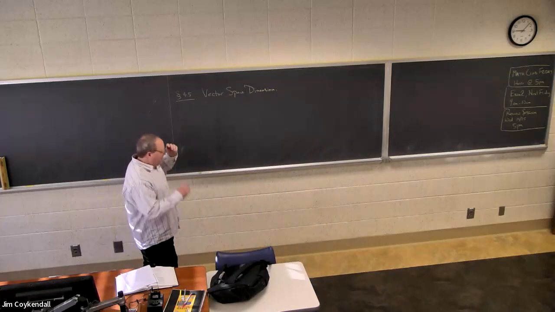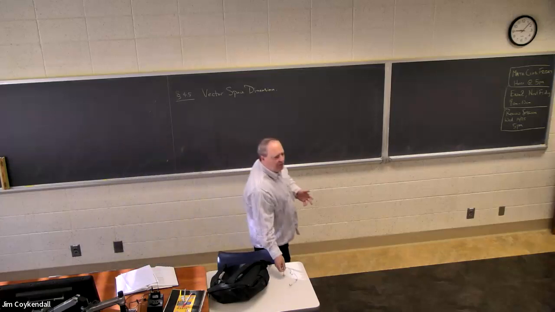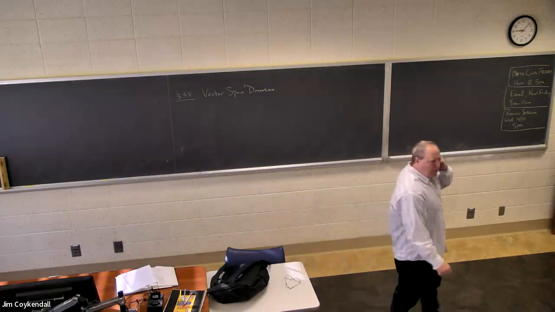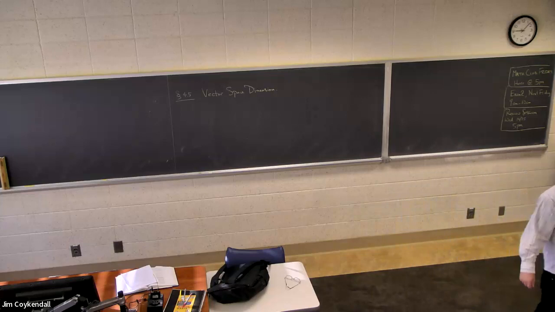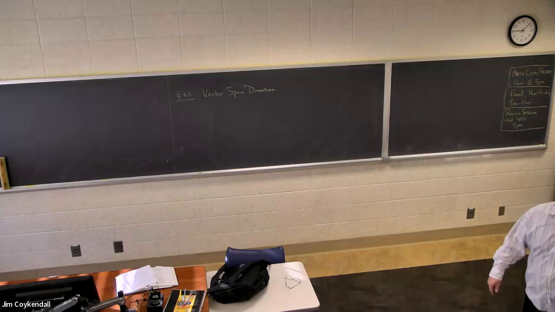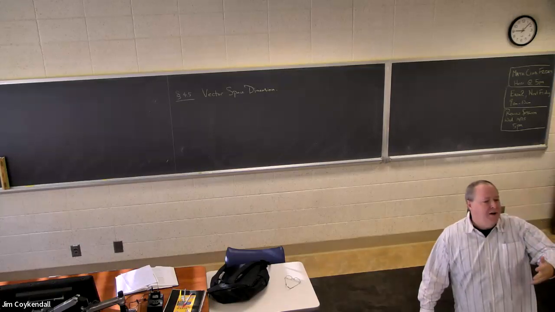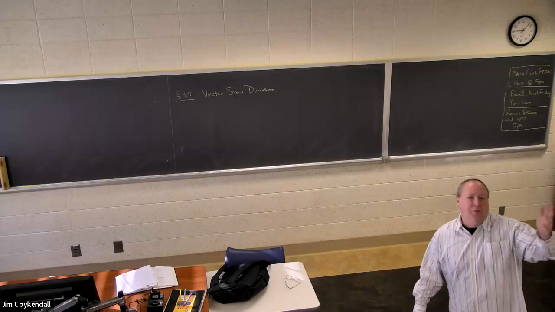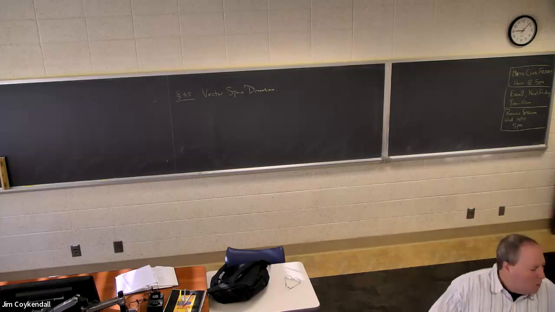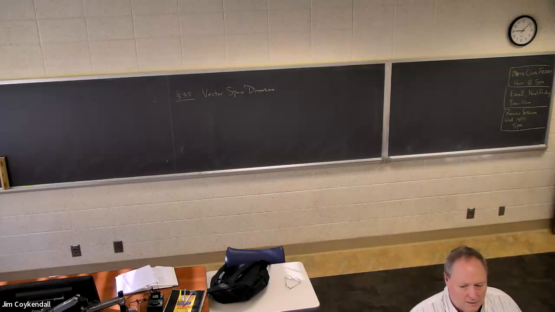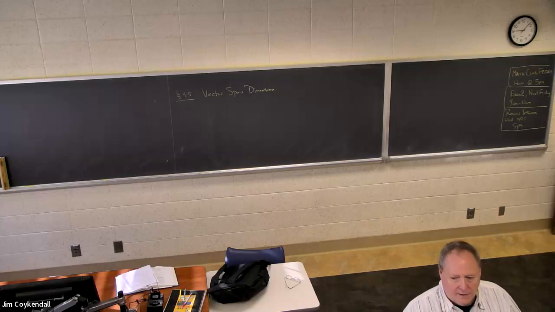So when I hear dimension, we've used this kind of intuitively, but what do you think? What's the number, what's the dimension number we associate to a vector space? What is that coupled with? Right. So if I say a vector space is 5-dimensional, what does that mean? All the way over in R5?